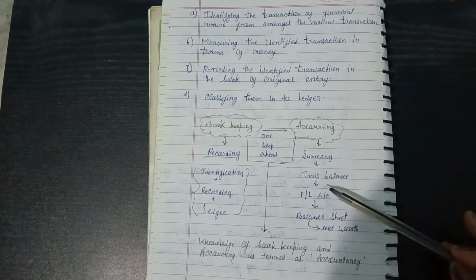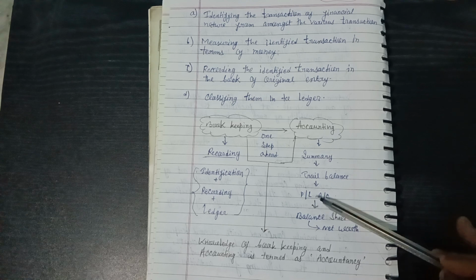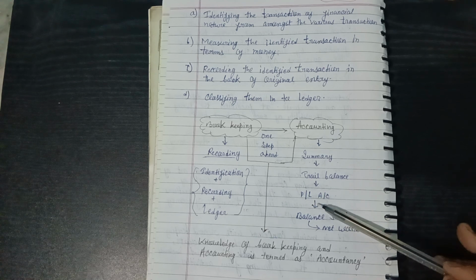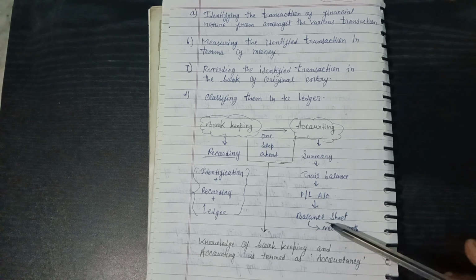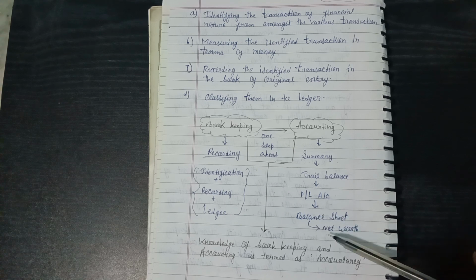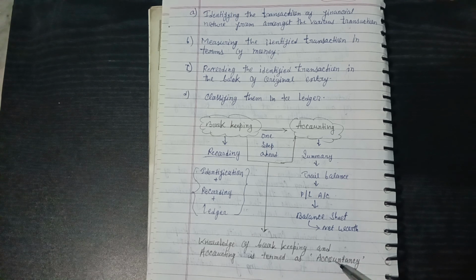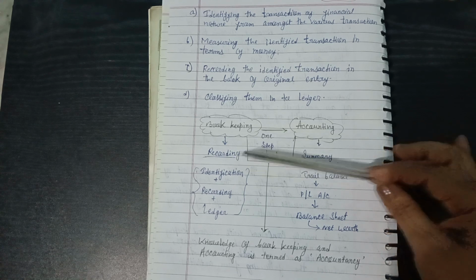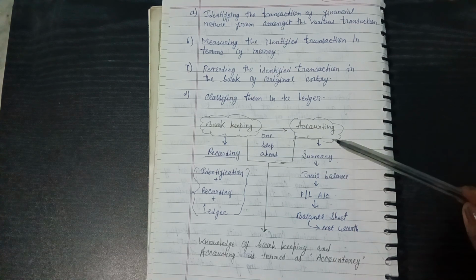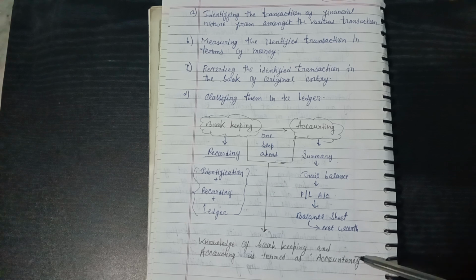Then prepare the profit and loss account, and after that at the end the business will prepare the balance sheet. This is the statement, and in this statement we know about the net worth of the business. So, knowledge of bookkeeping and accounting is termed as accountancy. It means we know bookkeeping, accounting, and the meaning of accountancy.